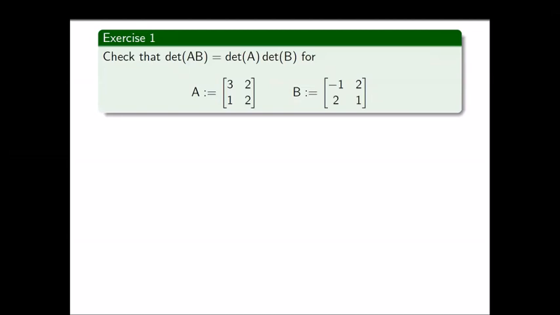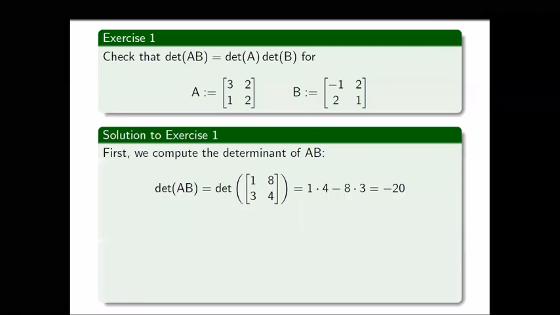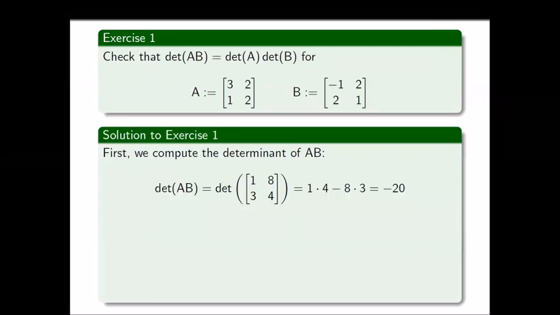We're given two 2 by 2 matrices A and B, and we want to verify that the determinant of A times B is the same as the product of the individual determinants. First, we compute the determinant of the product AB. You can multiply these two matrices and verify that it's indeed [1, 8; 3, 4].